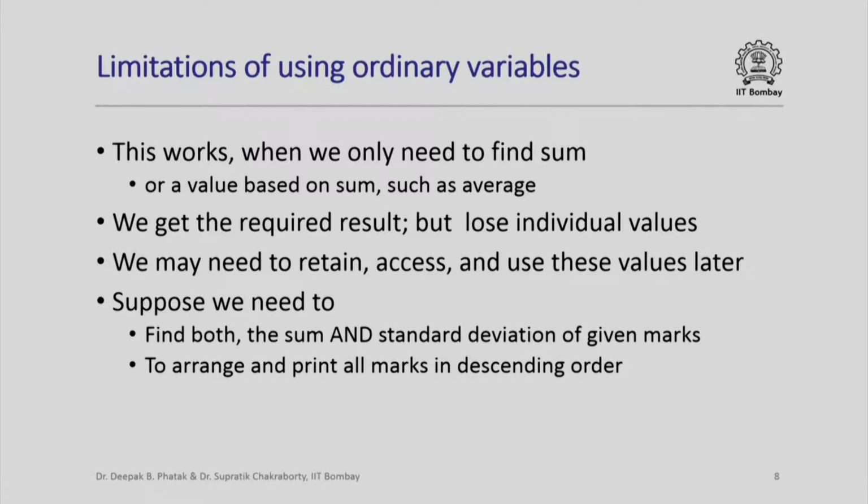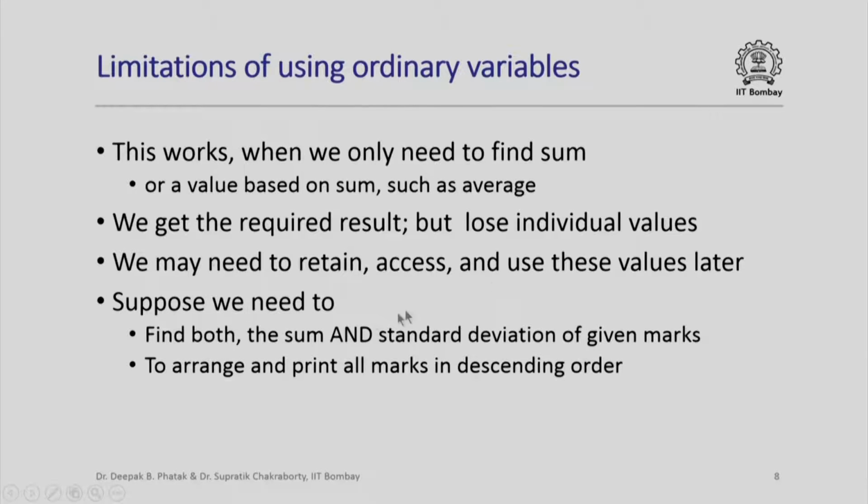This works, but it works only when we need to find the sum or any value based on the sum, such as an average. Having calculated the sum, we know that we divide it by n and we will find the average. So we get the required result, but we lose individual values. Now there may be occasions when we need to retain, access and use these values later.